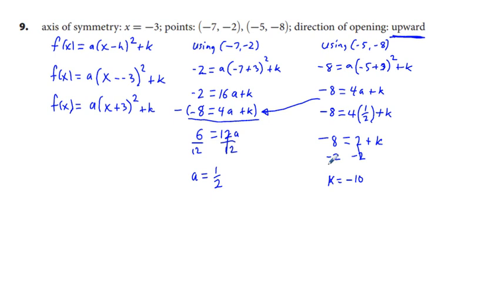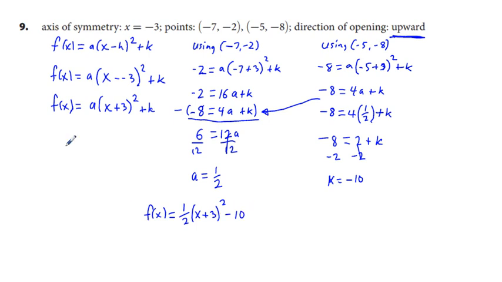And so now we're ready to write our equation. We know a, we know k. So our final equation will be f of x is equal to 1/2 for a, and we have quantity x plus 3 squared minus 10.